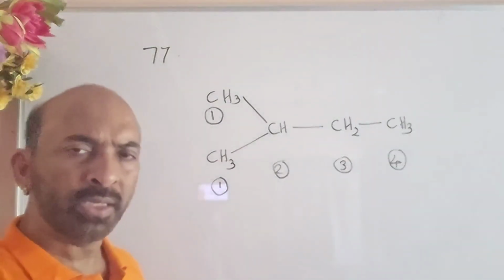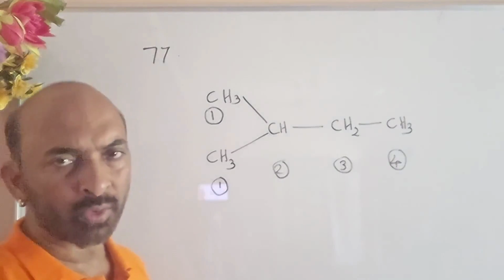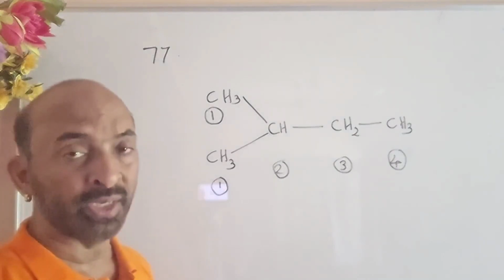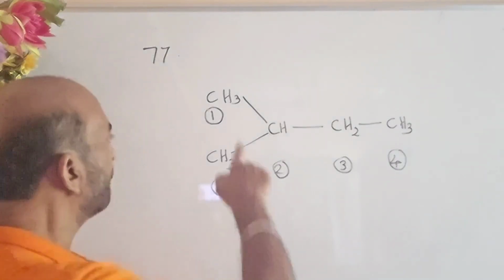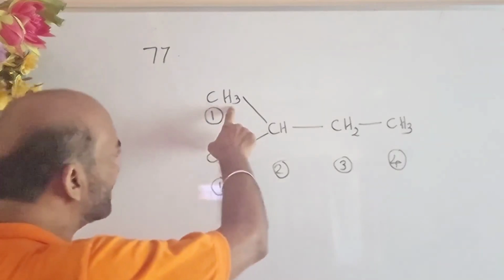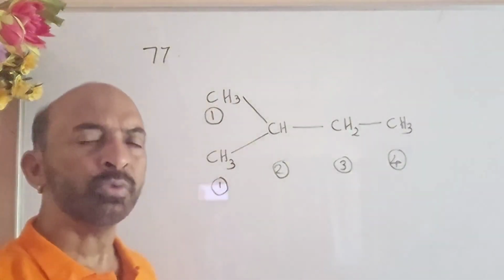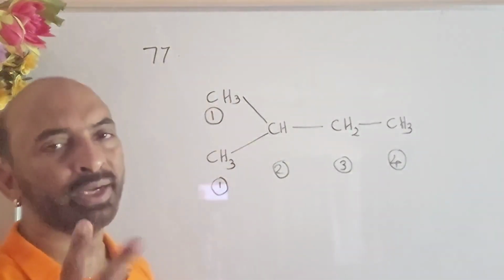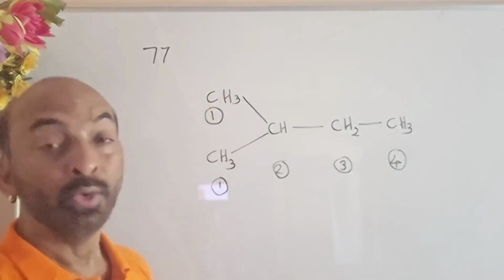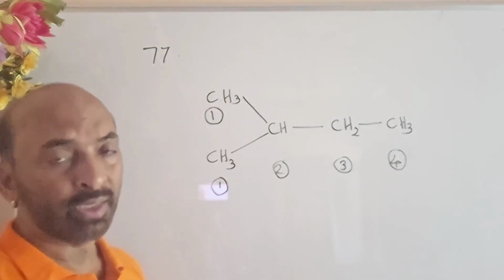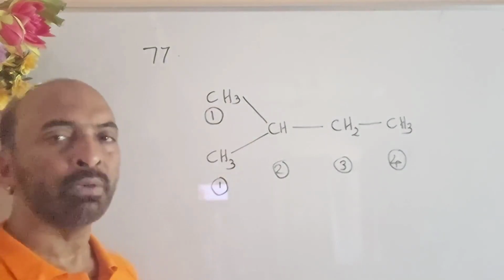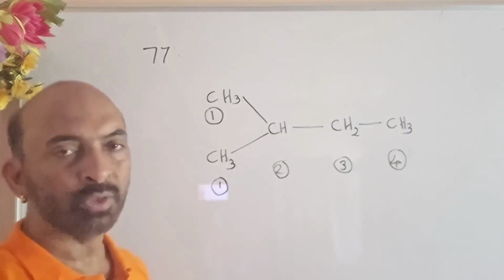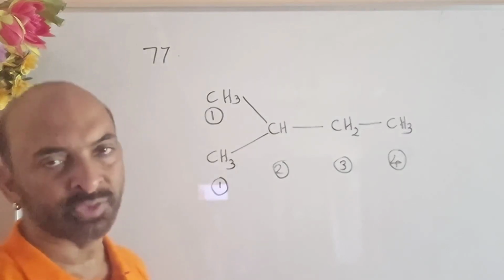Will that carbon turn chiral or optically active with 4 different attachments? No. Because it becomes ClCH2, which still has 2 hydrogen atoms on the same carbon. So it will not turn chiral. It continues to remain achiral, meaning optically inactive. It is not a stereocenter.